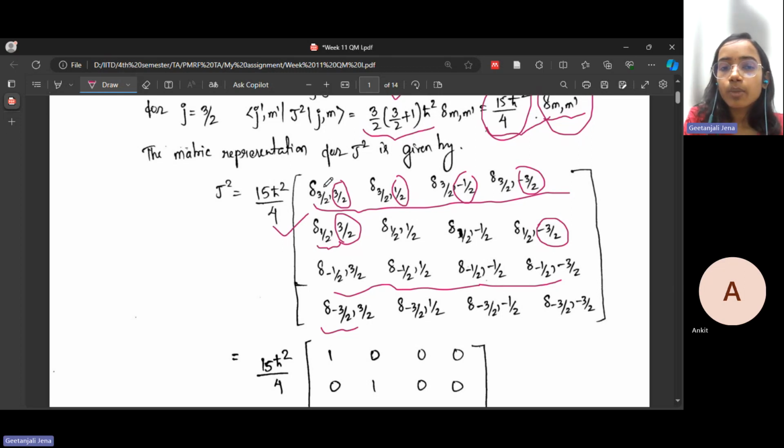Now, by looking at the values of m and m', you can easily determine whether the matrix component is zero or not, because it is a Kronecker delta function.